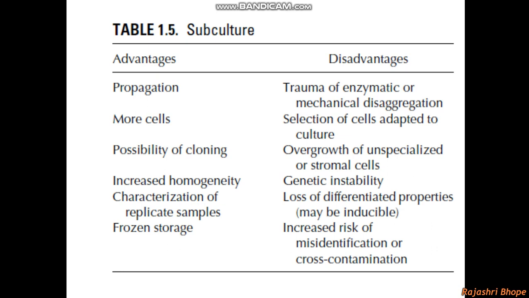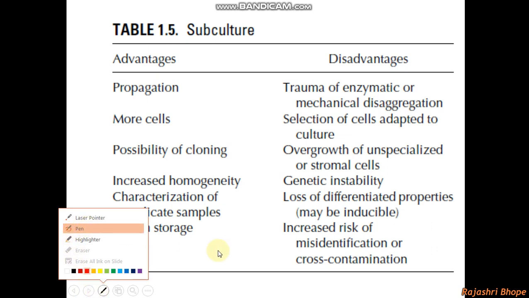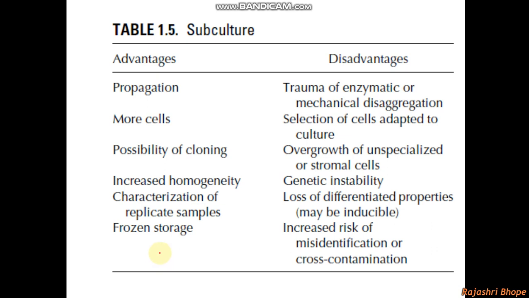If you are working on two cell types together under one laminar hood, there are chances that, say you are working on cell type number 1 and cell type number 2. Say first you have subcultured cell number 1, particularly the HeLa cell line.